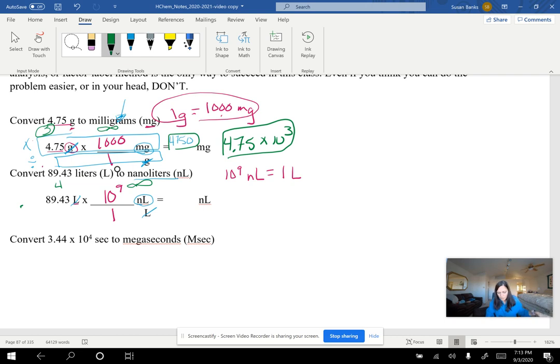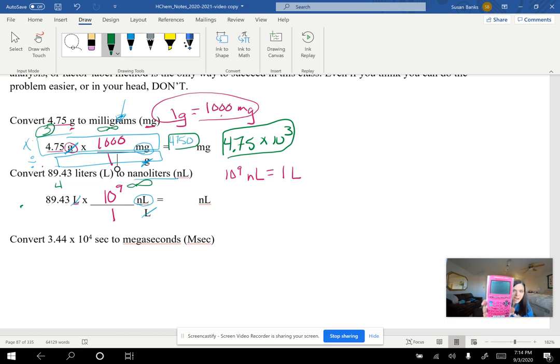So hopefully you all know how to use your caret key. And by caret key, I mean this key right here. We're going to use that to put in the 10 caret 9 to get the 10 to the 9th. So let me put this in here. 89.43 times 10, and then I'm going to press the caret key, and I'm going to put in 9.